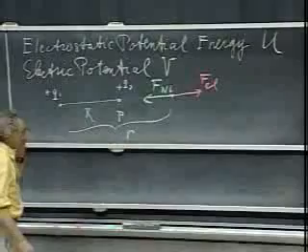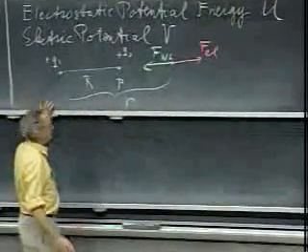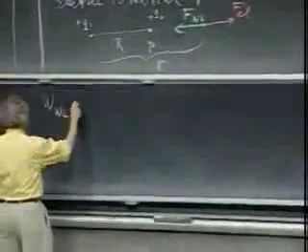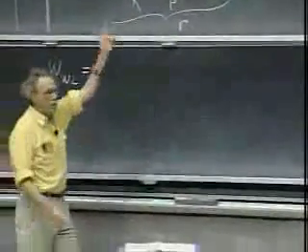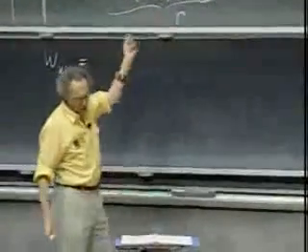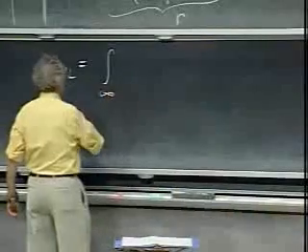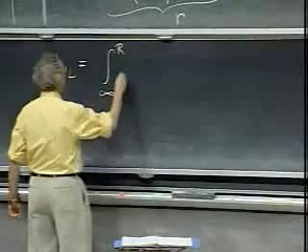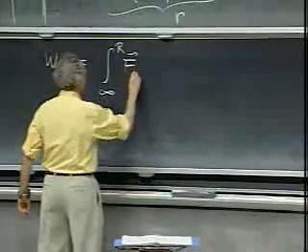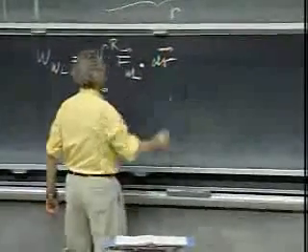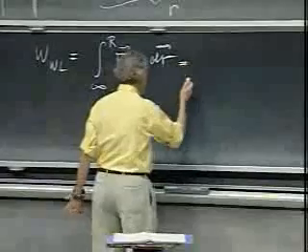Now, the work that I do can be calculated. The work that Walter Lewin is doing in going all the way from infinity to that location P is the integral going from infinity to radius r of the force of Walter Lewin dot dr. But of course, that work is exactly the same.